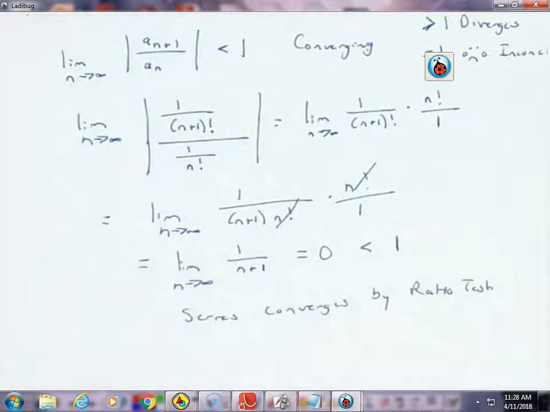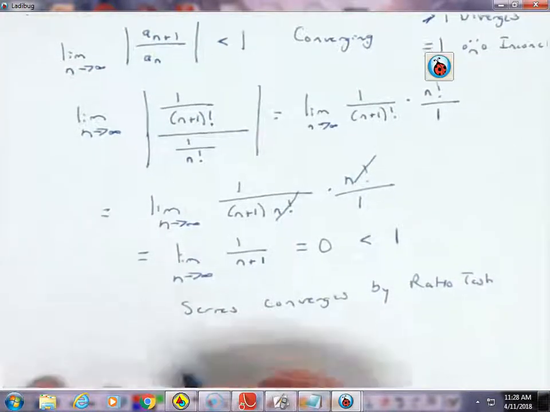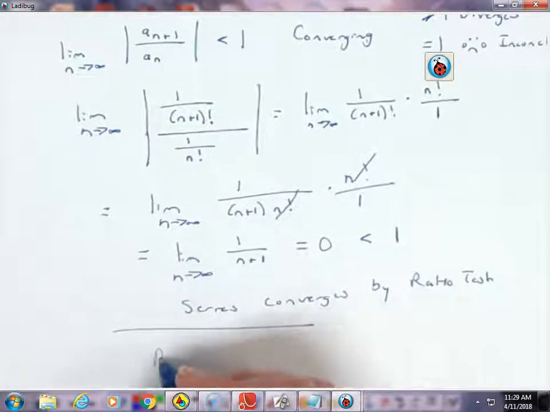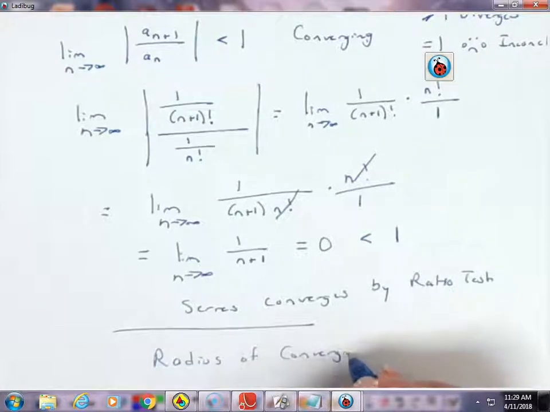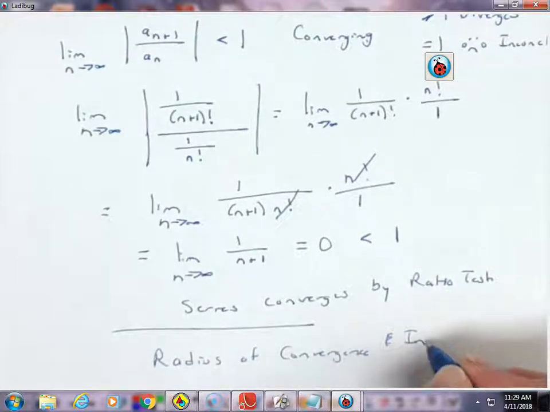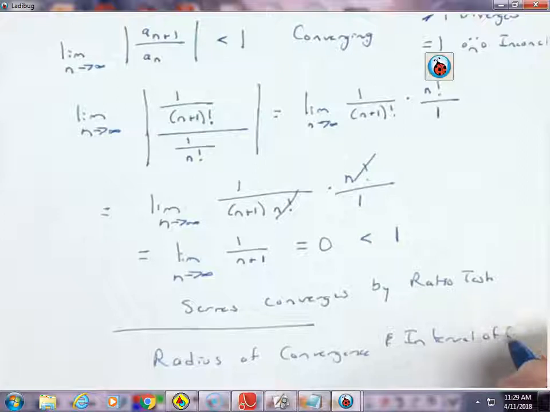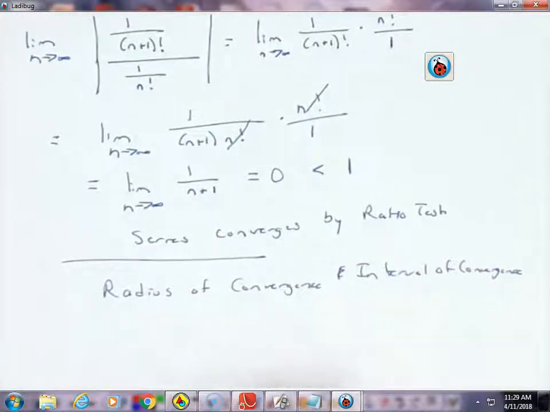Okay. Now, this is the test that you're also going to use when they ask you to find the radius of convergence and the interval of convergence. Sometimes they'll give you a series and just say, find the radius of convergence, find the interval of convergence. When you do that, you're always going to start with the ratio test, and then you might get that the radius of convergence is 0, which means that the series never converges.